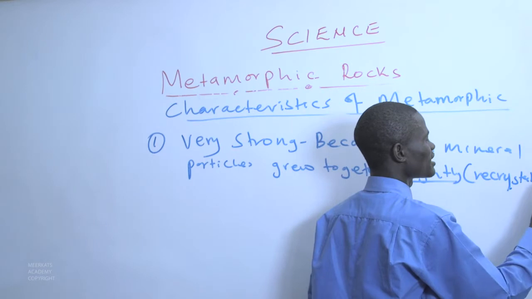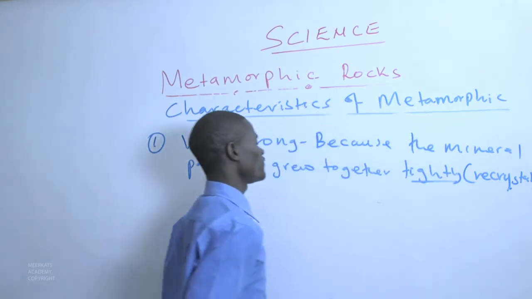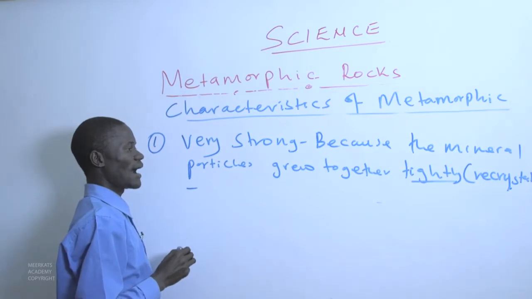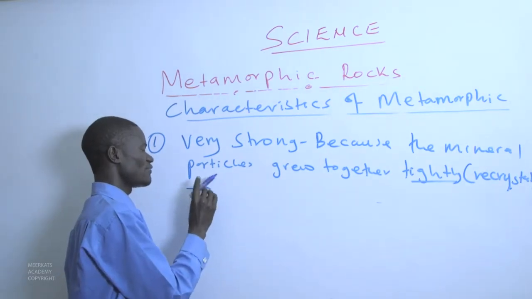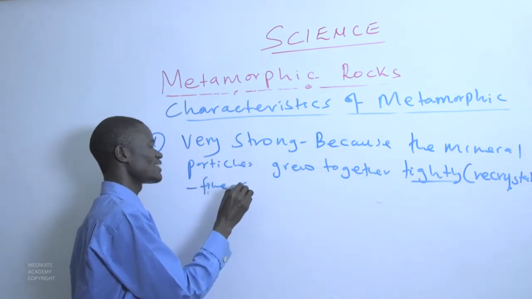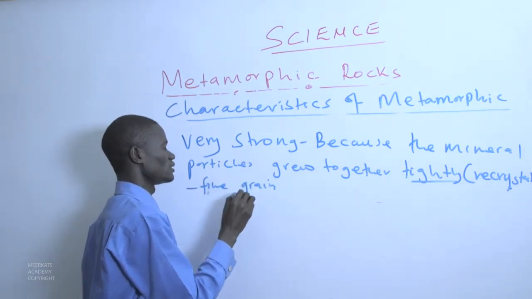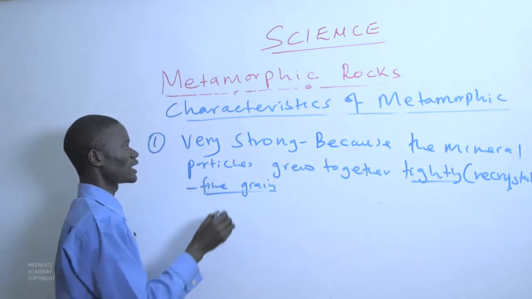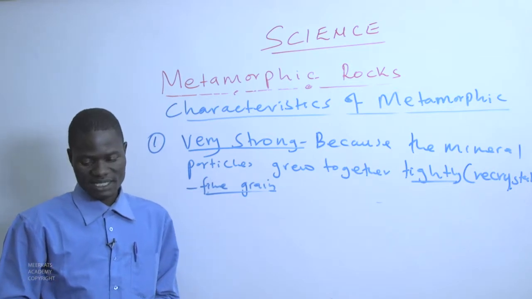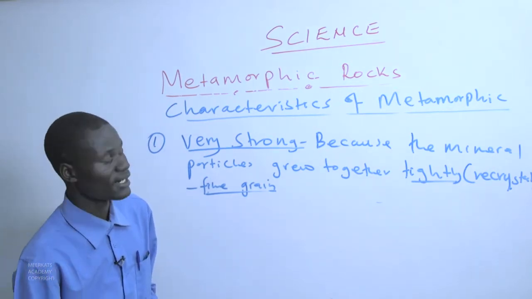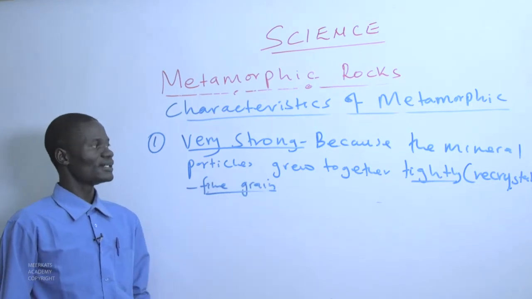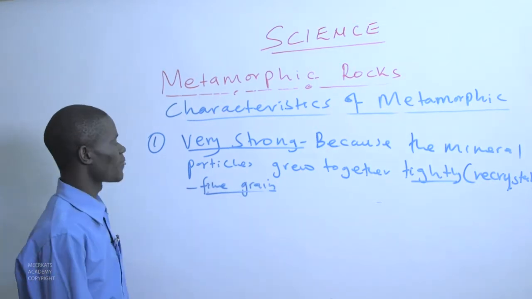In the process of recrystallization, you will find them having very fine grain that cannot easily be broken, therefore giving it a characteristic of being strong. They are generally strong, and because of their strength, you can find their use somewhere.